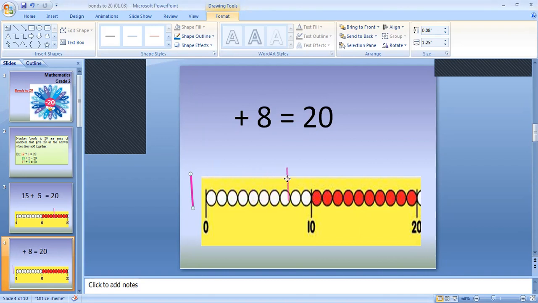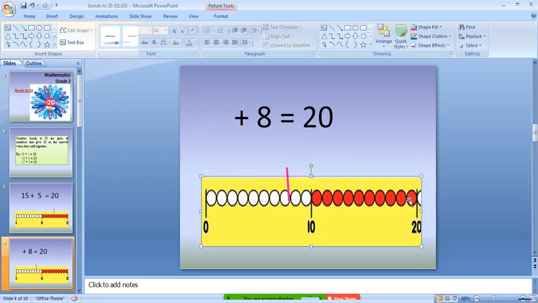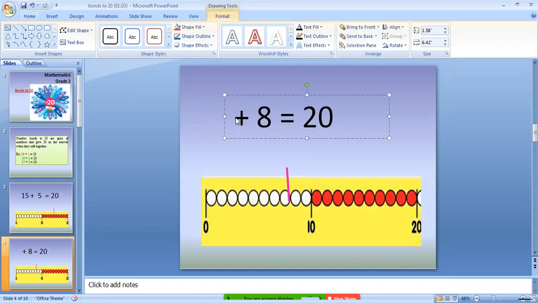This is the 8th bead. Now we should count the remaining beads to find the missing number. 1, 2, 3, 4, 5, 6, 7, 8, 9, 10, 11, 12. The missing number is 12. 12 plus 8 is equal to 20.